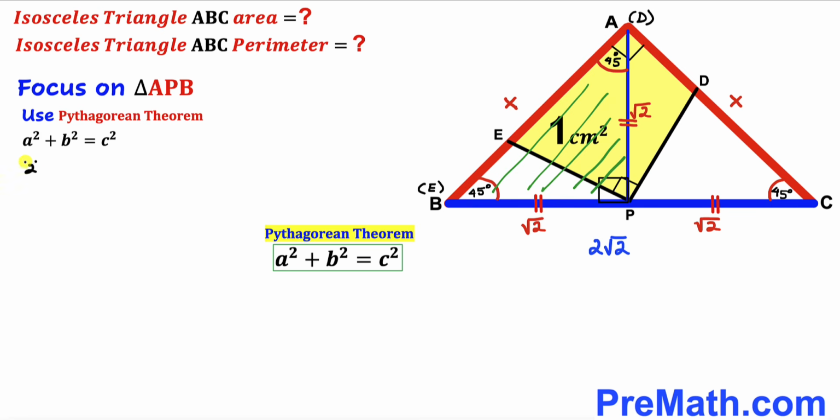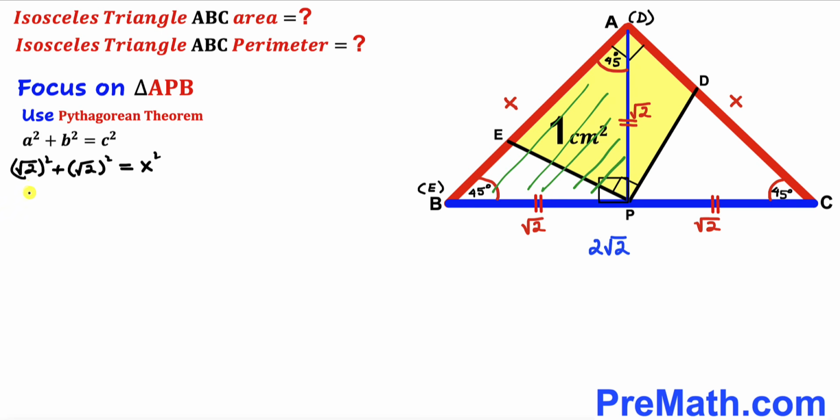So we got square root of 2 whole square plus likewise square root of 2 whole square equal to x square. Let's simplify. That's going to give us 2 plus 2 equal to x square. So therefore x square is going to be equal to 4. And now I'm going to undo this square by taking the square root on both sides. So therefore our x value is going to be simply positive 2.